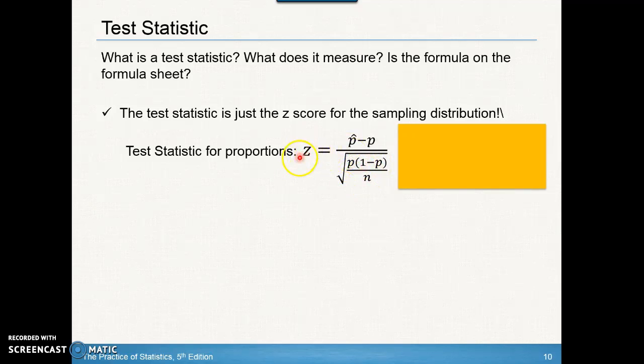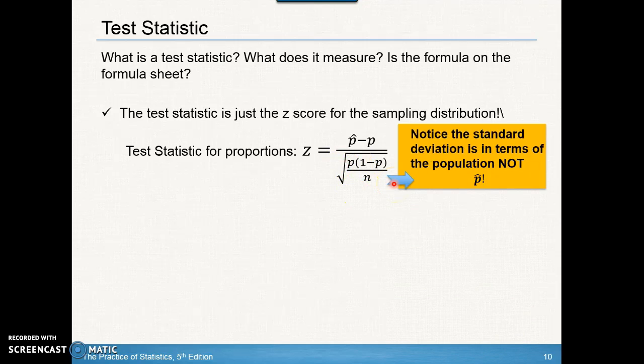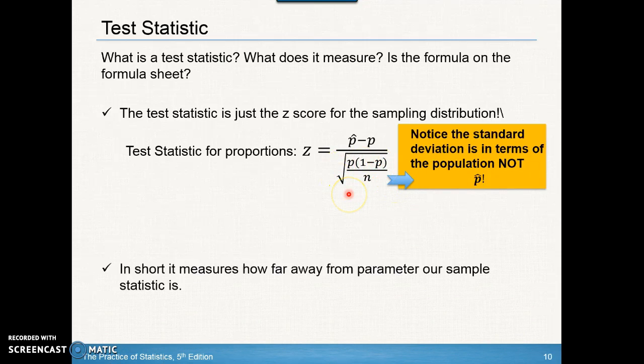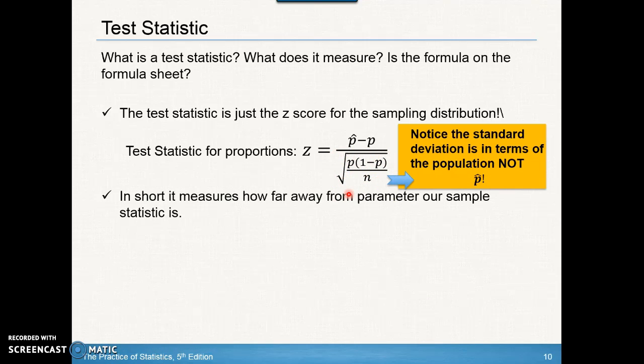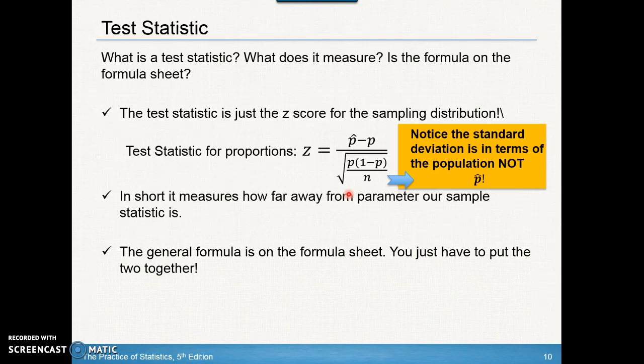So no matter what statistic I get, the standard deviation is going to be the same every single time, which is different with t-scores, because with t-scores, we use the sample standard deviation because we didn't have the population. But in this case, we have the null. We're assuming the null is the same as the population, so you're going to use the population in the standard deviation, not the sample.